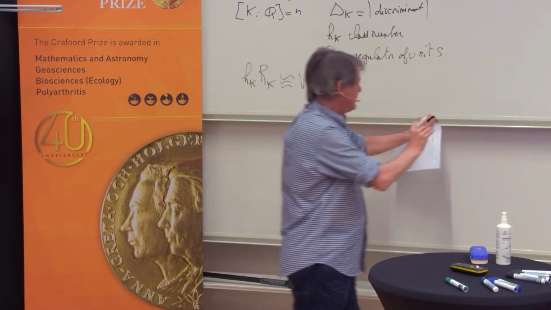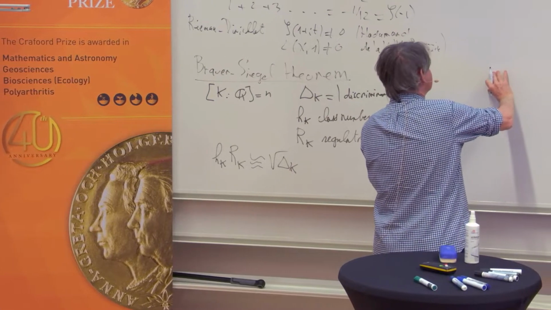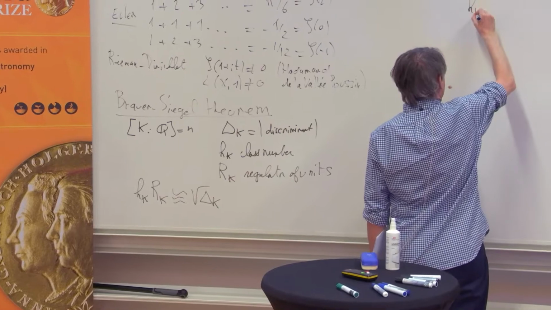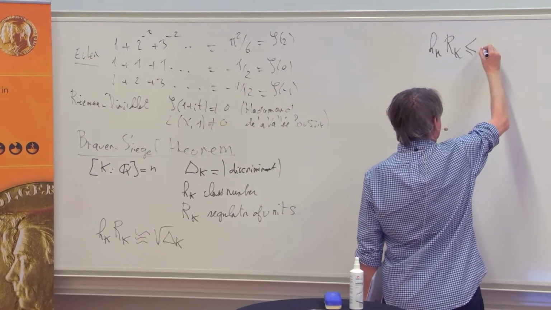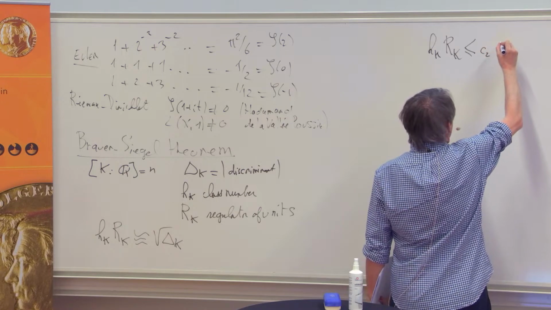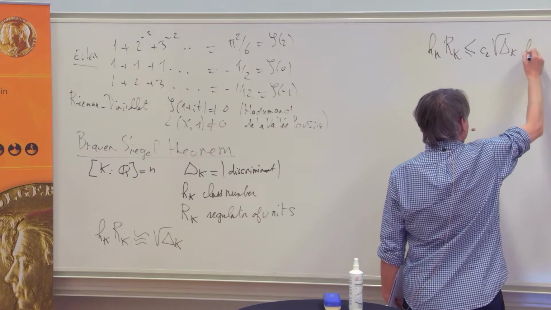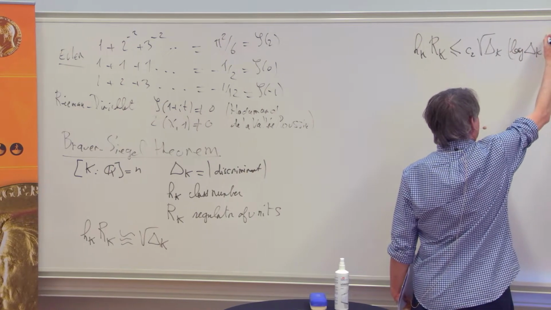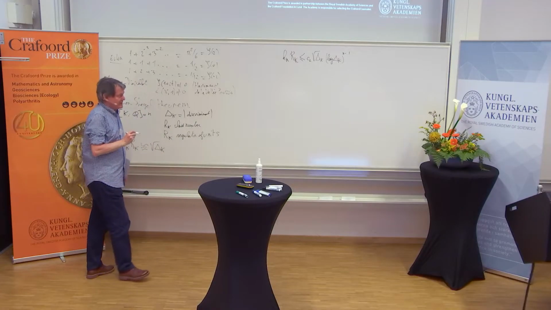So a more precise description is the following. I'll write two inequalities: h_K will be smaller than some constant times square root of delta times log delta to the power n minus 1. So n is the degree of the field.